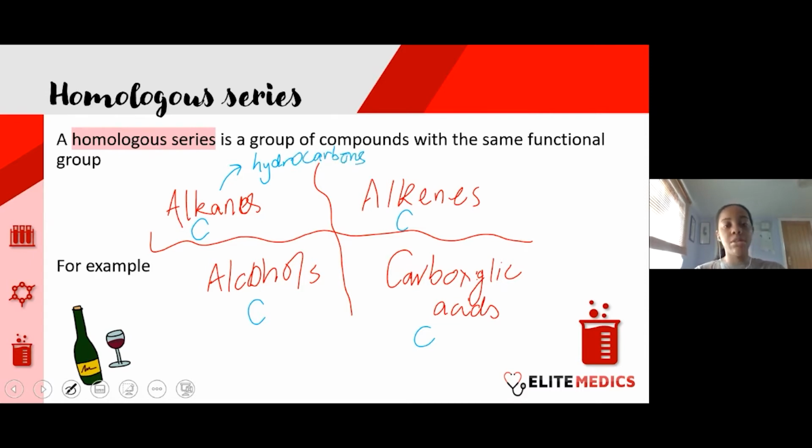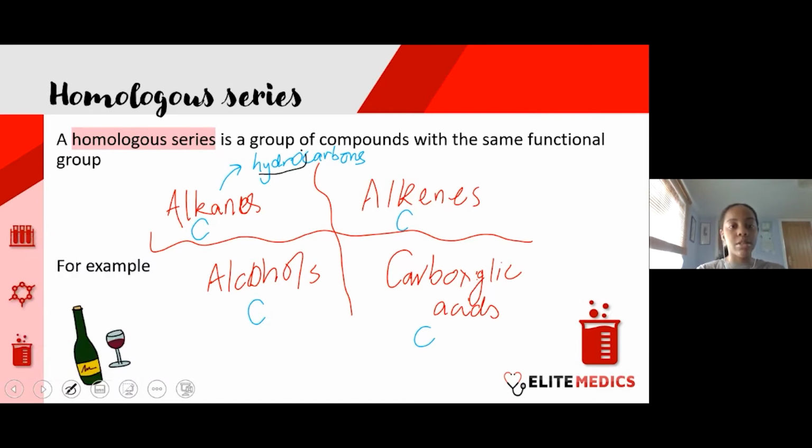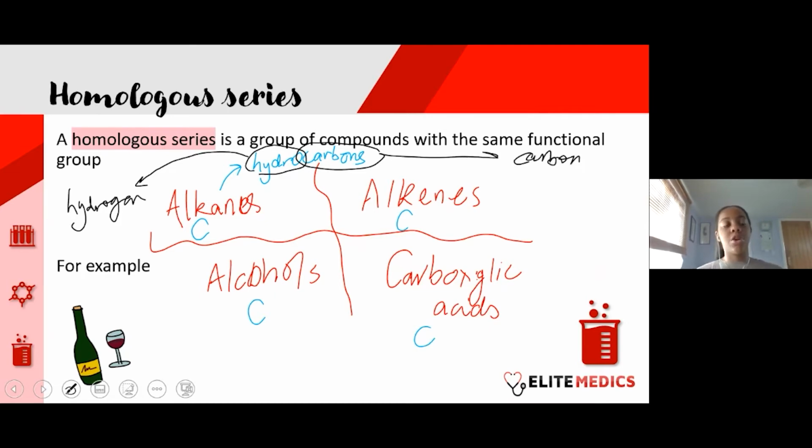And what are hydrocarbons? They contain just what they say on the tin: hydrogen, carbon. So alkanes are in particular a group of compounds that contain hydrogen and carbon.